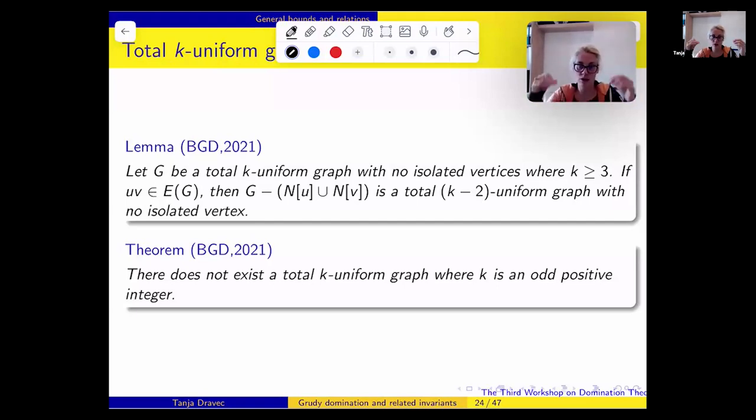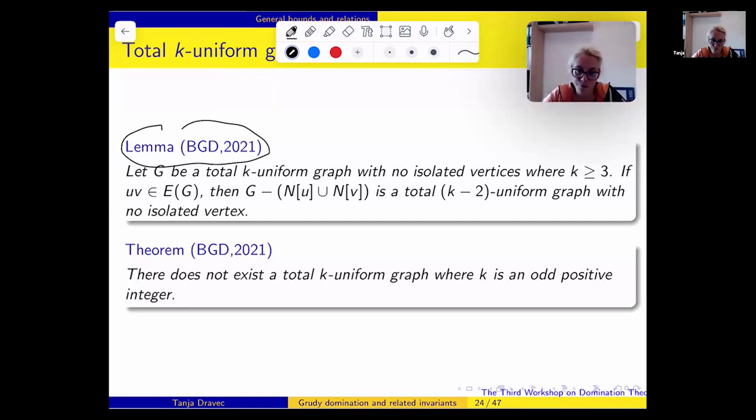What they prove is this lemma, which says that if we have a total K-uniform graph with no isolated vertices for K at least 3, and of course K must be more than 3 because for 3 we know that such a graph does not exist, then if I delete from G the closed neighborhoods of two adjacent vertices U and V, what I get is a new graph which is total K minus 2 uniform and has no isolated vertices.